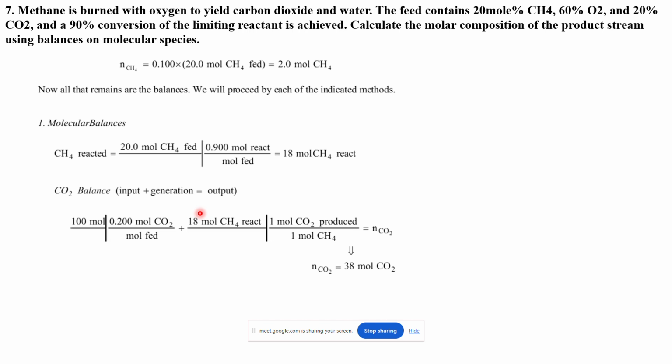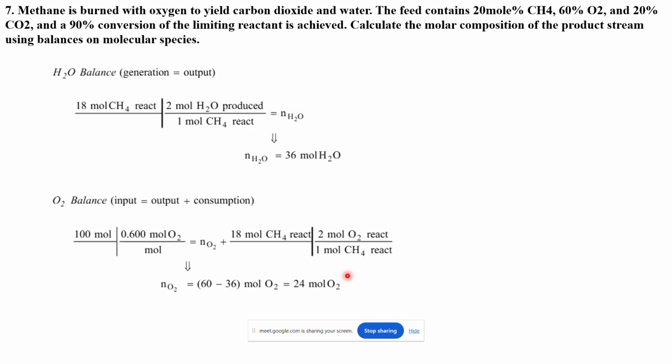So: 100 moles times 0.200 moles of CO2 per mole of feed, plus 18 moles CH4 reacting, with 1 mole of CO2 produced per mole of CH4. So the CO2 in the product stream is going to be 38 moles.